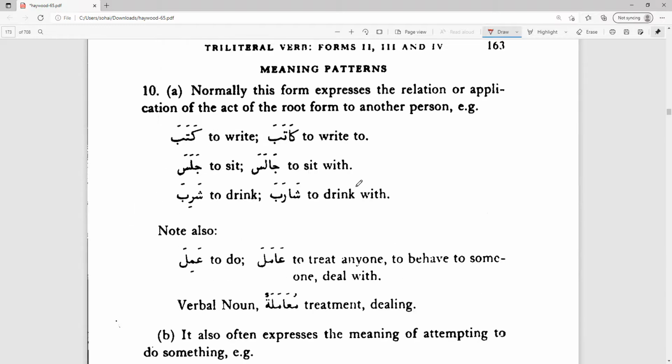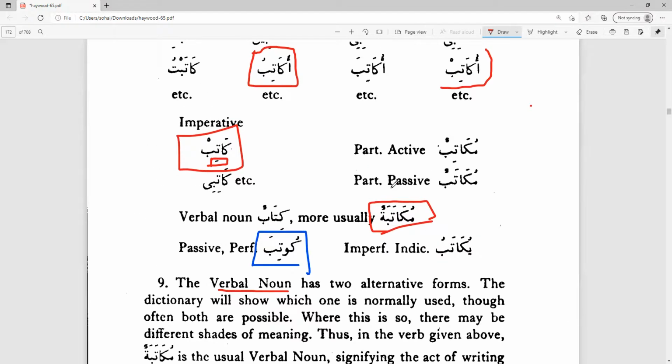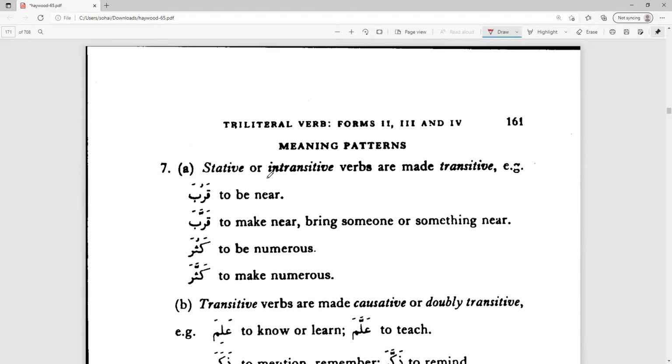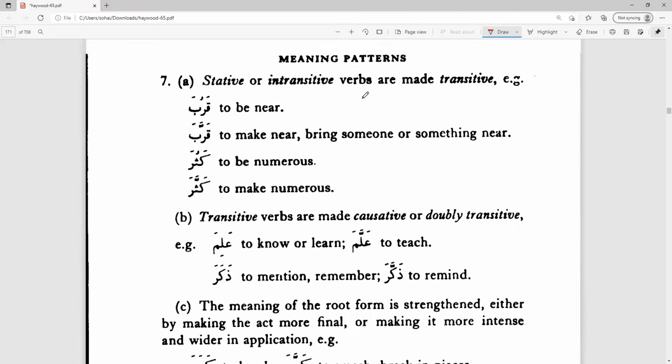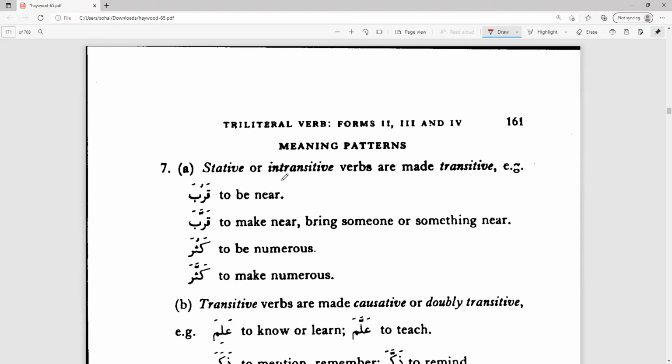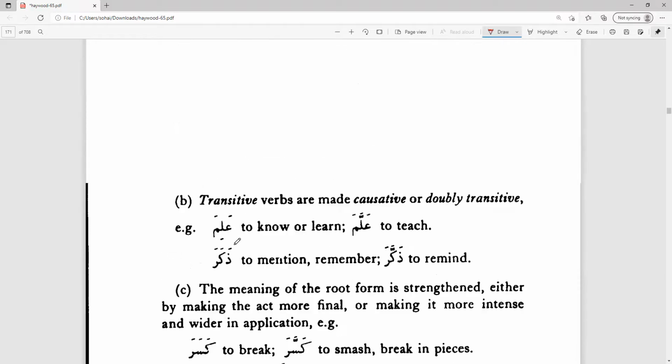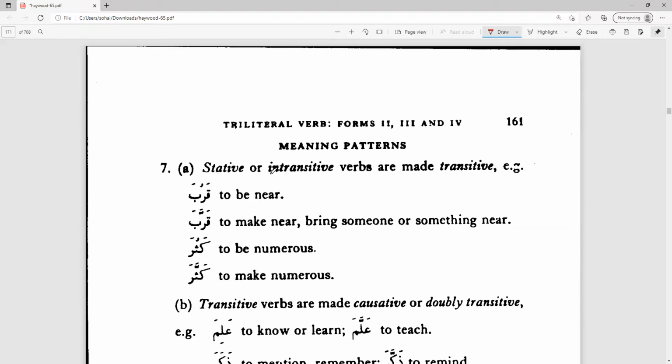That's meaning patterns. I'm going to quickly go over the second form we said, and it's all in the book. First, there were like three or four, and the first one says that it makes any intransitive verbs, which are verbs that don't require an object, become transitive, meaning they require an object.